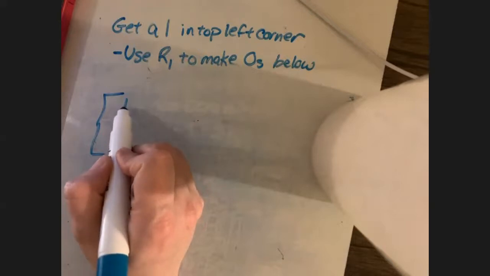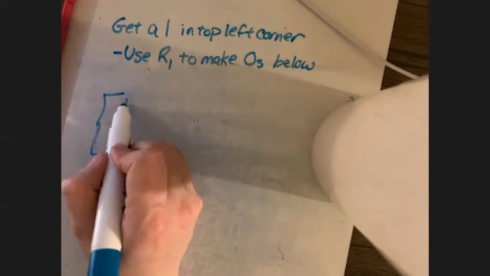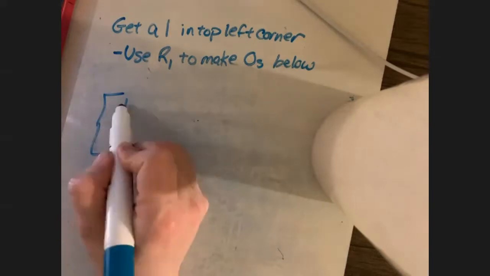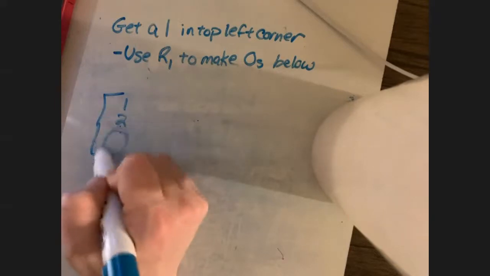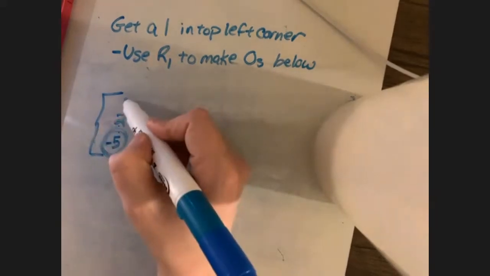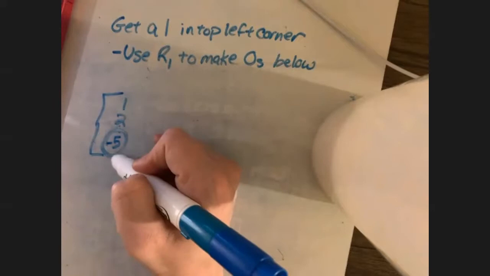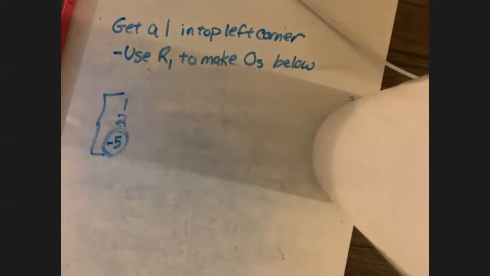So I need to do 1 times -2 so that I can do -2 plus 2. Does that make sense? Okay. But I've got to use row 1 to make this stuff happen below it. Okay. And then to get rid of whatever this number is down here, like if that's a -5, I'm going to do 5 times row 1 to get rid of row 3. Cool with that? Okay.